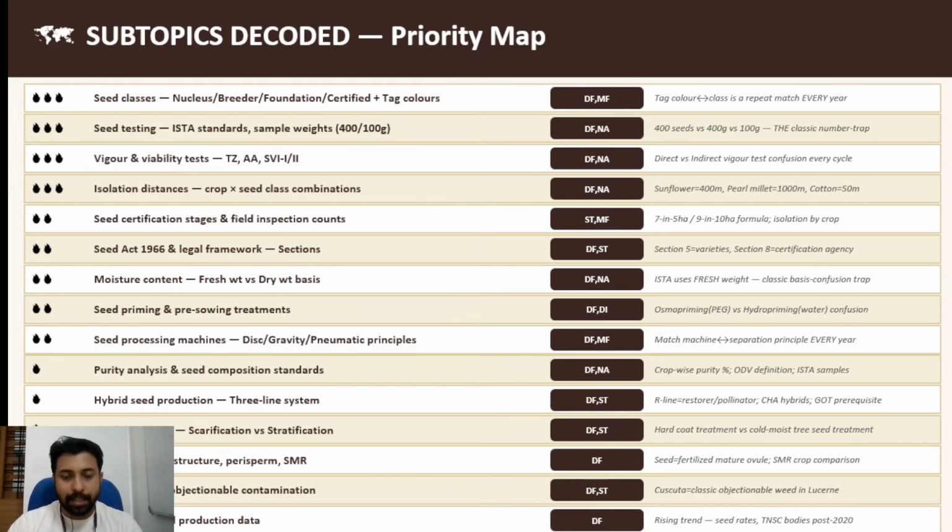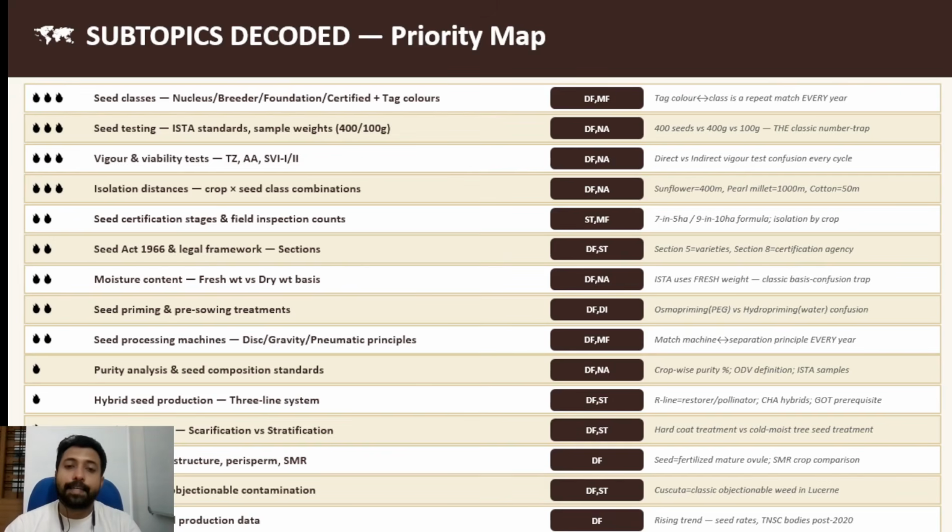This is comparatively easy, but don't take it lightly because this question is being asked continuously. These questions recur because that area is very important for seed certification and the procedural part of seed certification. That is why it is frequently asked.